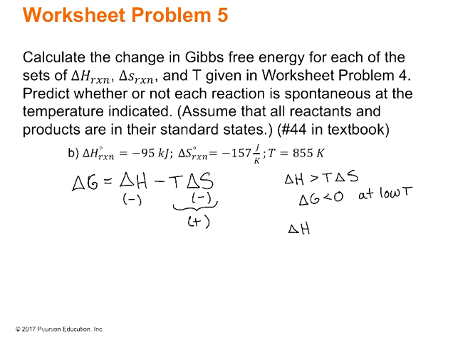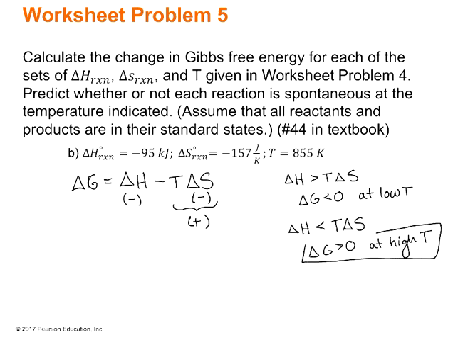And then if delta H is less in magnitude than T delta S, we said that delta G would be positive at high temperature. And our temperature for this problem is 855 Kelvin, so that's pretty high. So I'm going to guess that this reaction is non-spontaneous at high temperature.